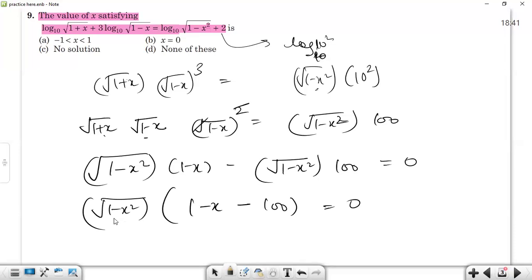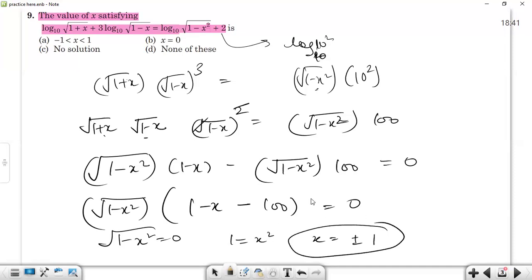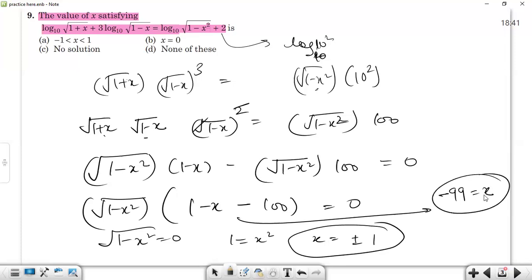So either 1 minus x square can be 0, so 1 equals x square, x is plus minus 1. Or if we solve this further, 1 minus 100, that is minus 99, equals x. So this can be the other value of x.